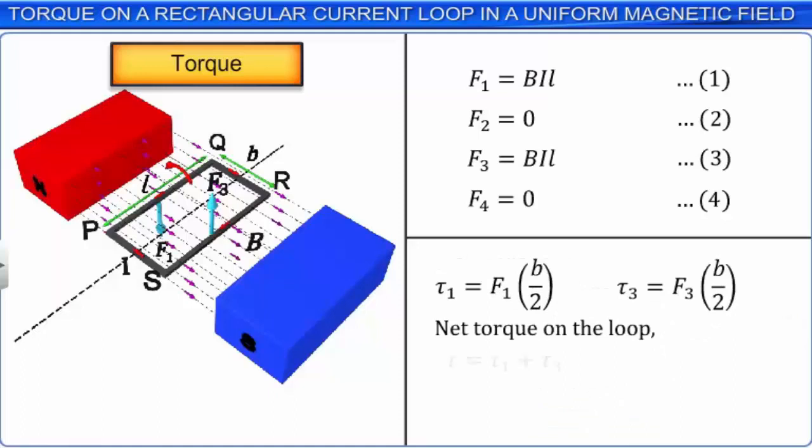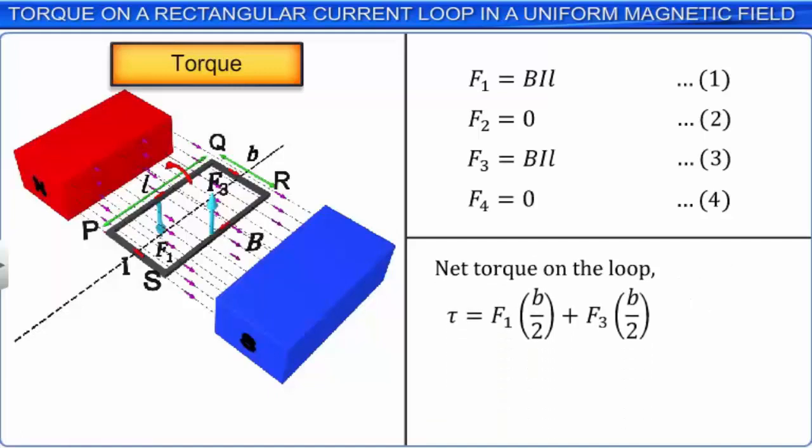The net torque on the loop τ is equal to the sum of τ1 and τ3, which is equal to F1 into b by 2 plus F3 into b by 2. But F1 is equal to F3 and both are equal to BIL.